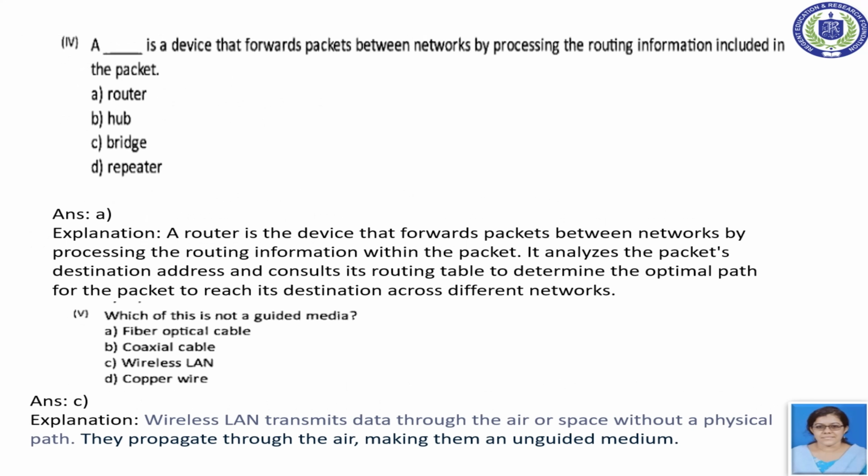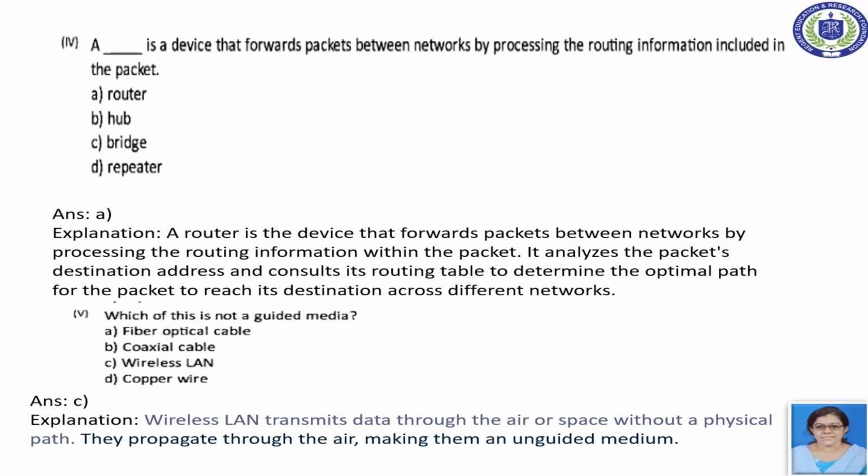Next question. A dash device that forwards packets between networks by processing the routing information included in the packet. So the answer is router. You know what a router is? The router is a device which helps to forward data packets between different networks by processing the routing information within the packet.